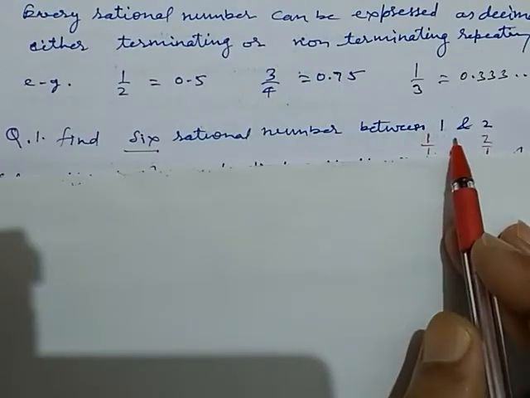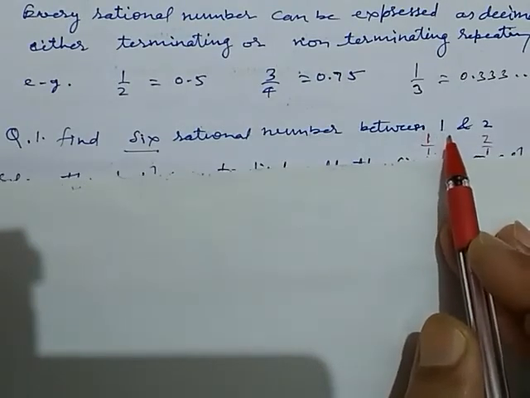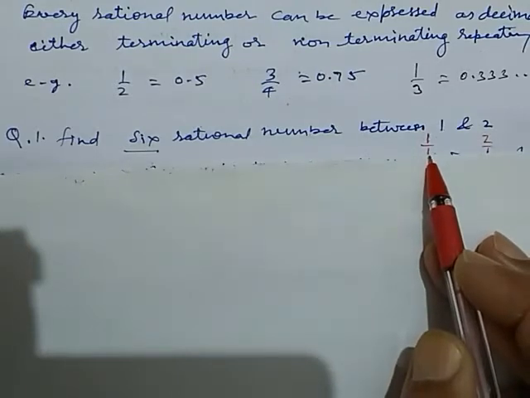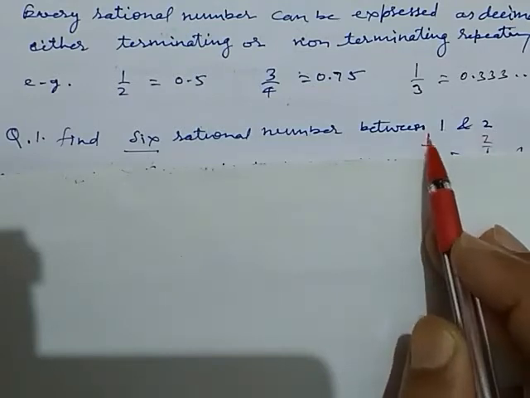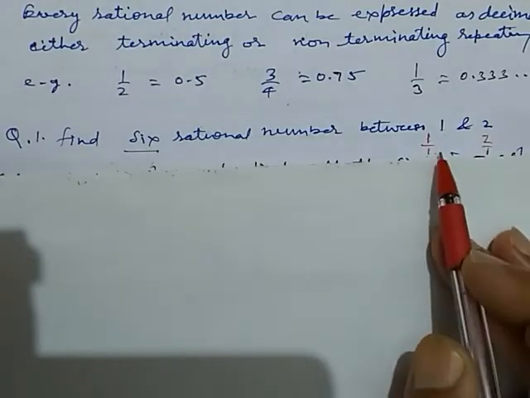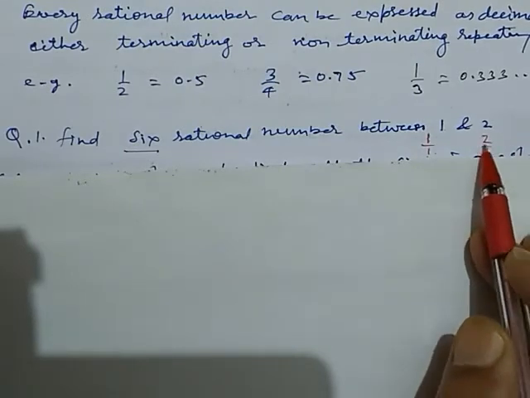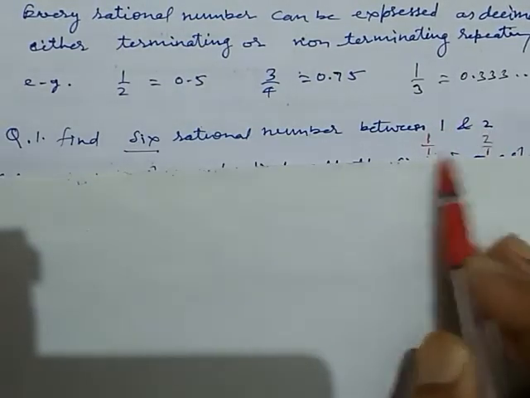First we convert them into fraction form, that is p by q form, because rational numbers are those represented in p by q form. Here 1 can be represented as 1 by 1, and 2 as 2 by 1. These are both rational numbers.